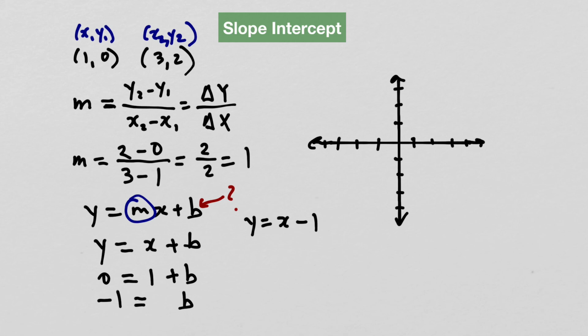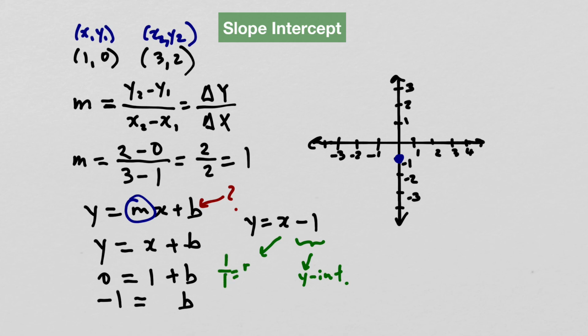So now that you have that, we can easily graph this line. We know that our y-intercept is -1. So we're going to put a dot at -1 on the y-axis. And we know that our slope is 1 over 1. And we're going to do our rise over run.